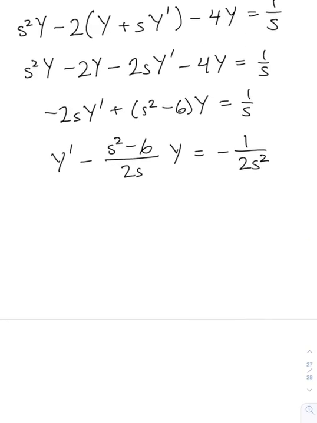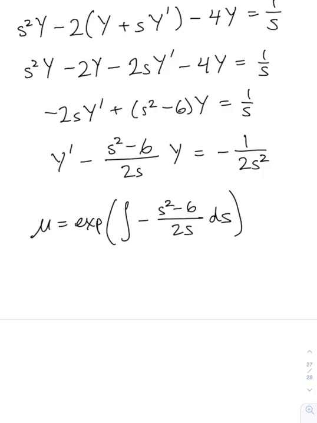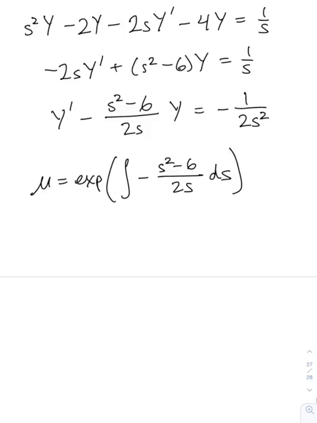So going back to chapter 2, recalling all of that, mu is e to the integral of the coefficient in front of Y. So I have the integral of (s squared minus 6) over 2s ds. So now we have to figure out that integral, pull out that minus sign, split up the fraction, got s over 2 minus 3 over s.